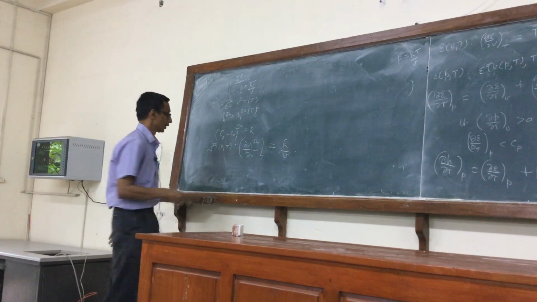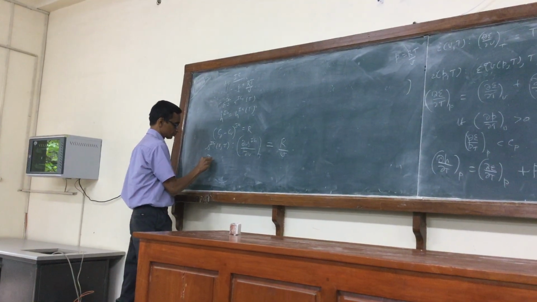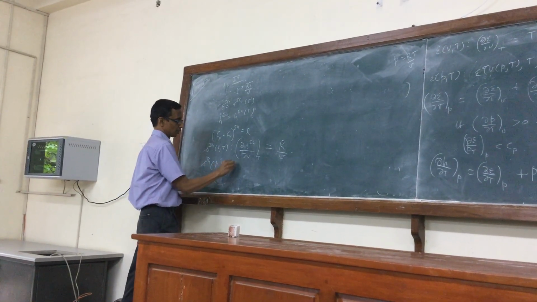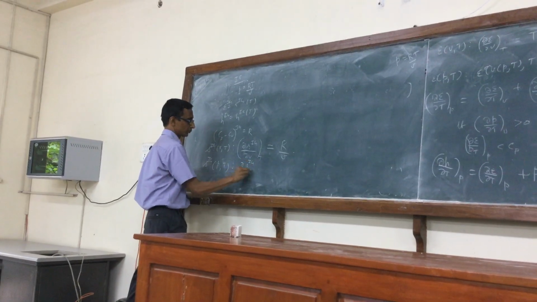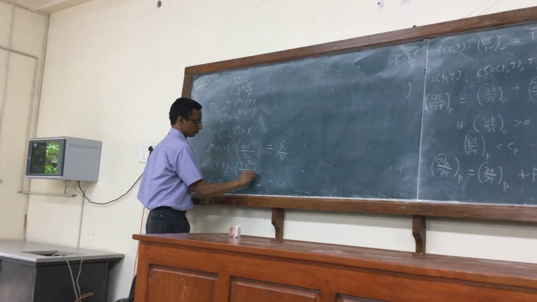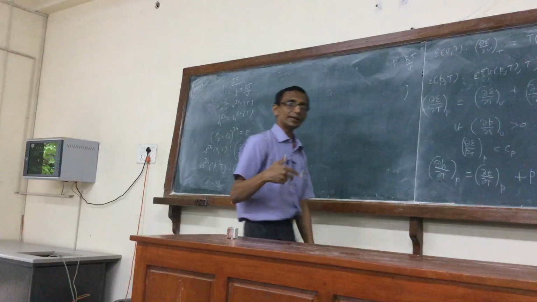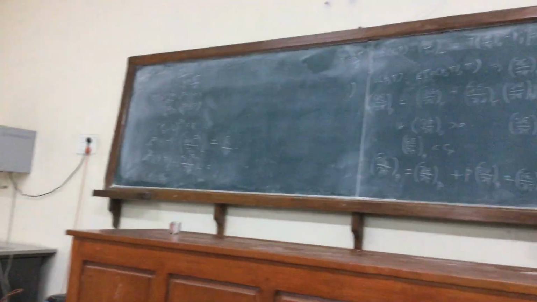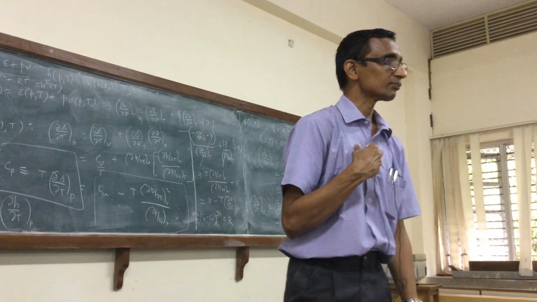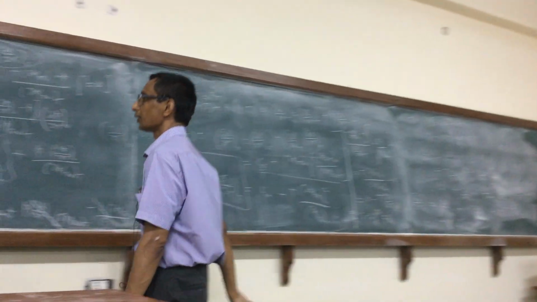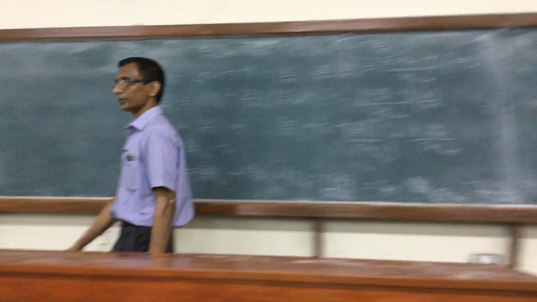We will see that later on. Now again S ig of T and P, dS ig by dP. You see dS by dP is minus dV by dT from one of the Maxwell's relations, right? What is minus dV by dT?